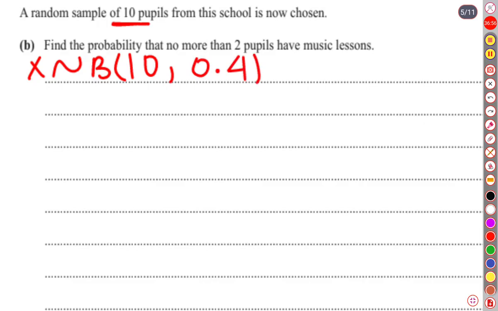Now they have told us to find the probability of X no more than 2 pupils. That means at most, either less than or equal to 2 people.